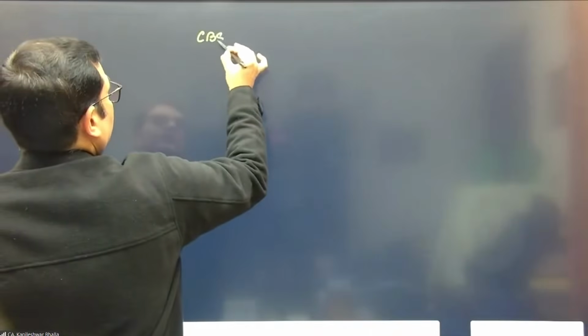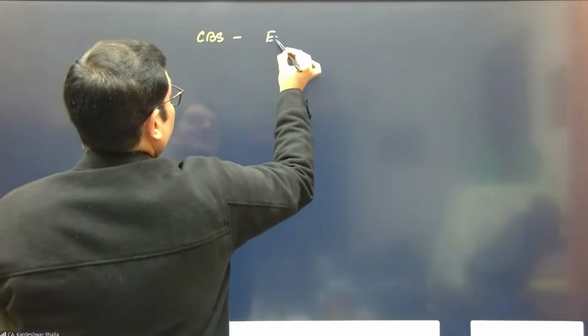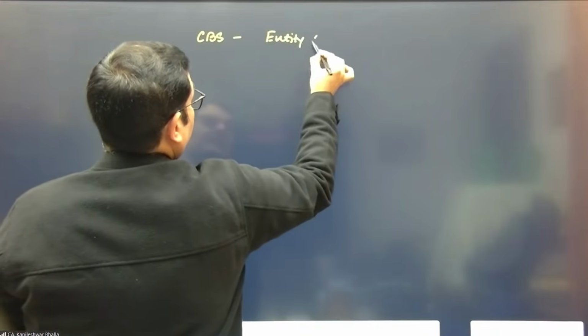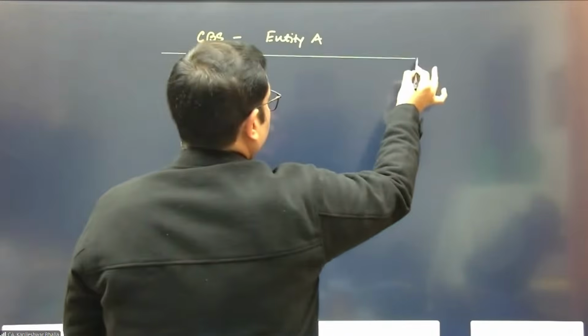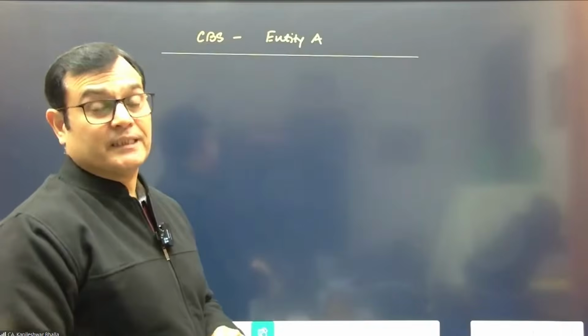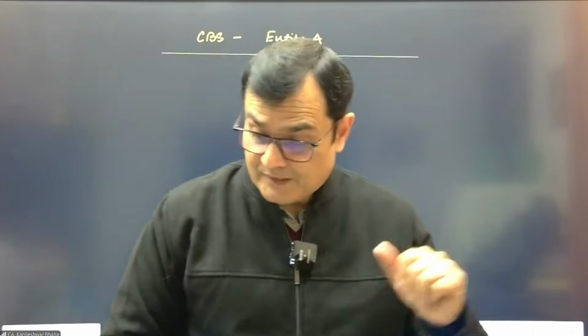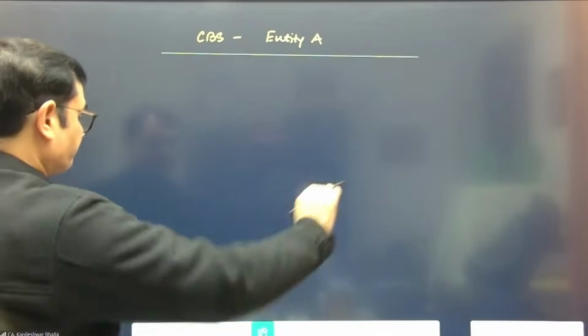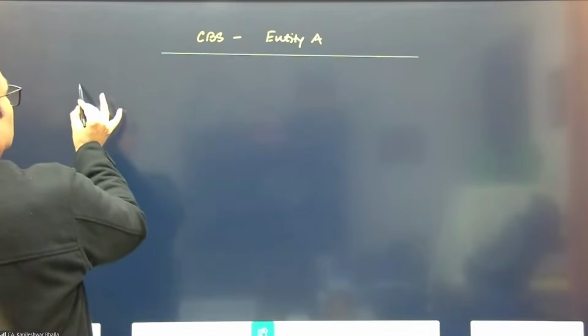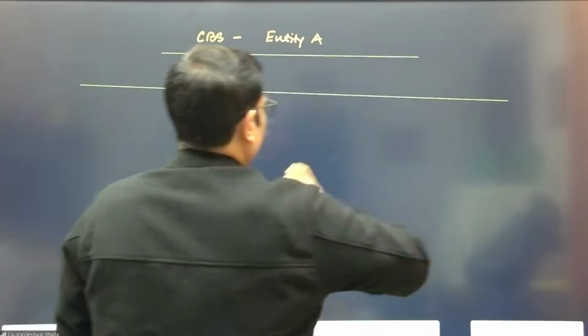So let's look at the consolidated balance sheet, which is being presented by entity A, because he is the legal acquirer. He is going to present the consolidated financials. So let's do one thing. We are just going to pick up the information. Let me organize the data in a columnar form.